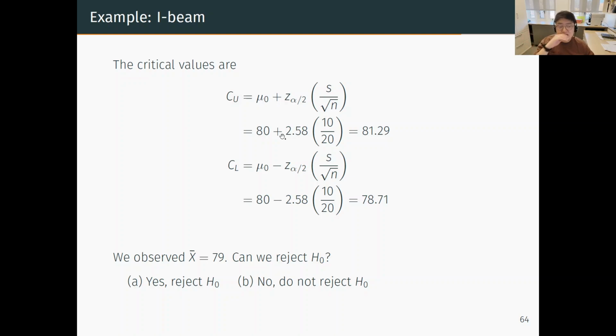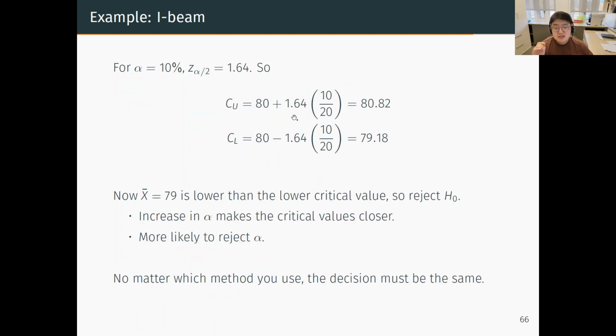But as you increase the alpha, the constant decreased. That means your acceptance region is now smaller. You do not allow much margin for your data. That means you are willing to reject more, accept less.